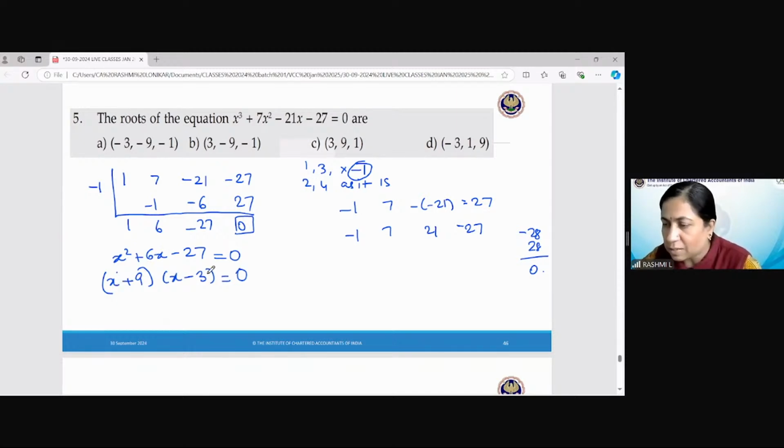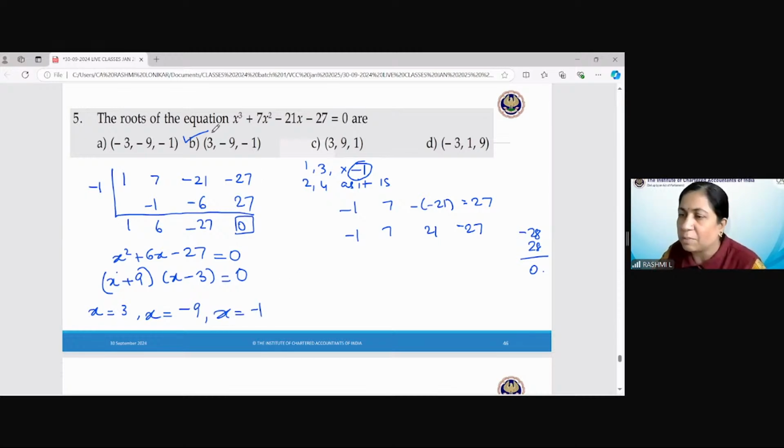So that +9 minus 3, 6 is the factor. So B will be the answer because this is x is equal to 3, x is equal to -9 and x is equal to -1. So B will be the option.